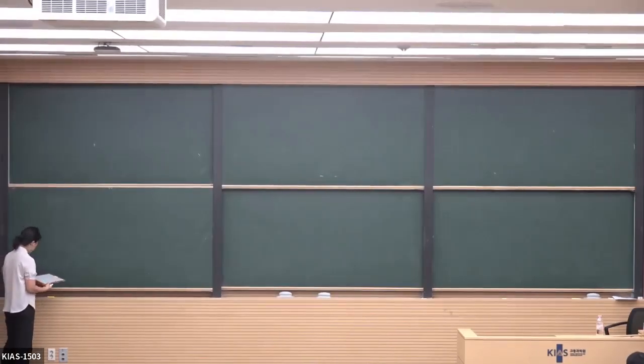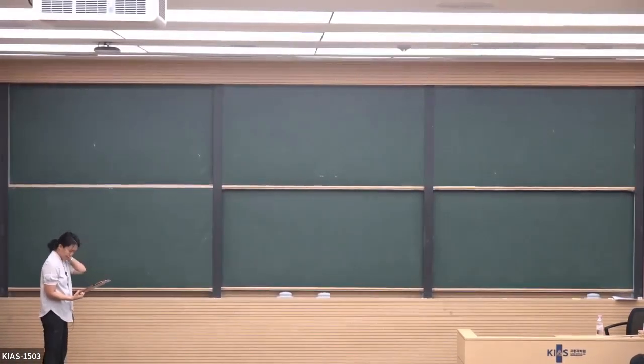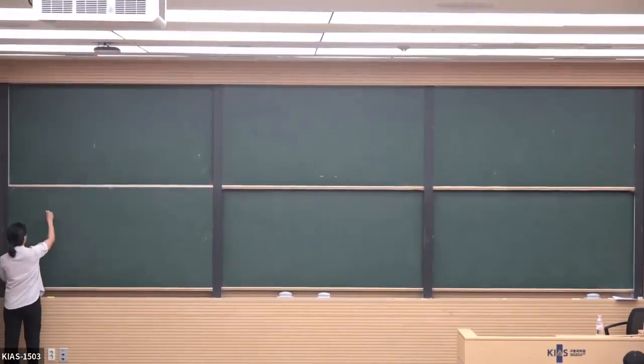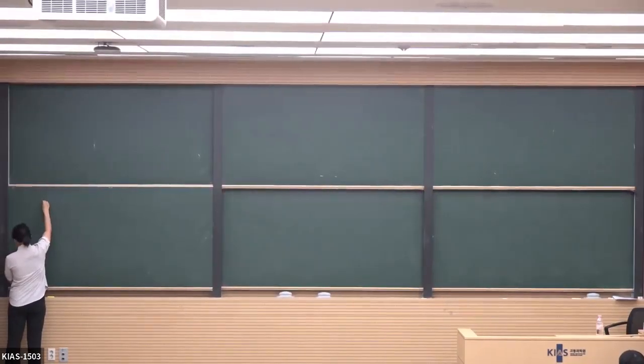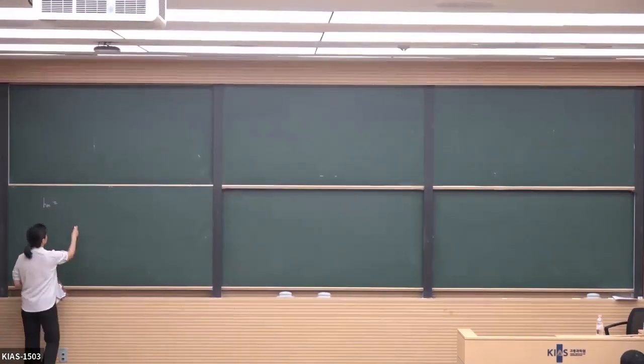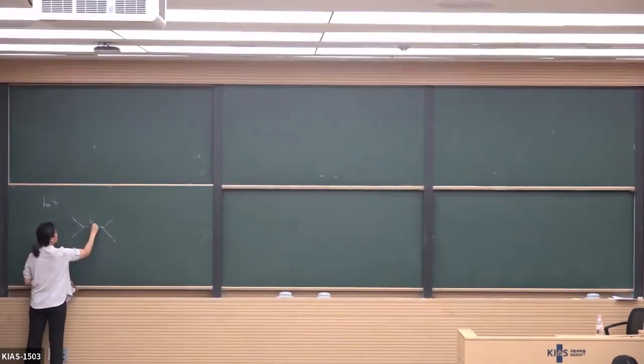Okay, so we ended with writing down the OPE limit of the 4-point function. Remember, we could extract the dimensions of the operators that appear in the OPE.